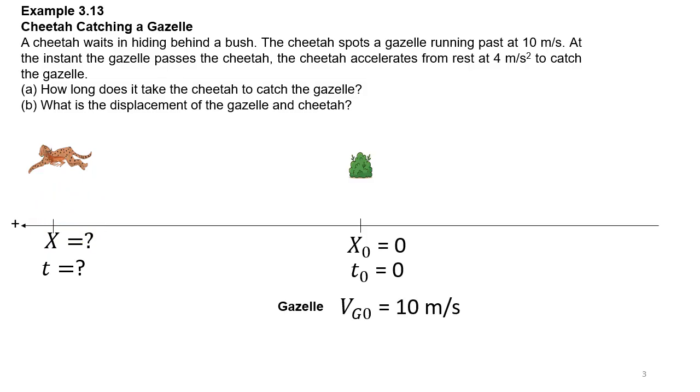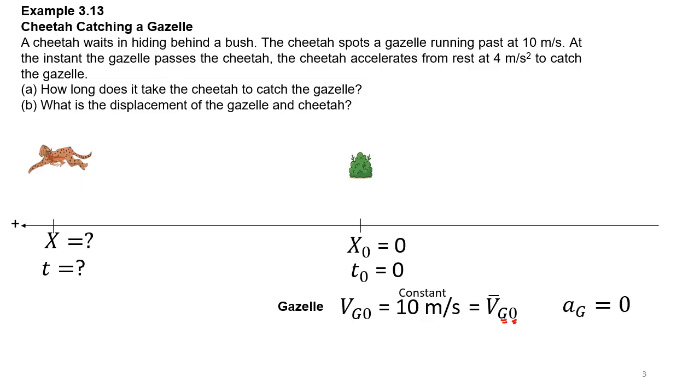All right. The given quantities are the gazelle's initial velocity, 10 meters per second, which is constant, so we can write it as the average velocity with which the gazelle is running. Here g represents gazelle, and 0 represents initial velocity, which is the same velocity, so we don't need to write 0.